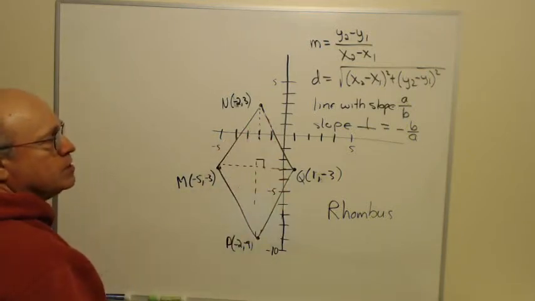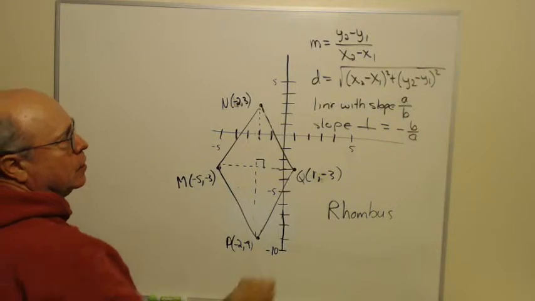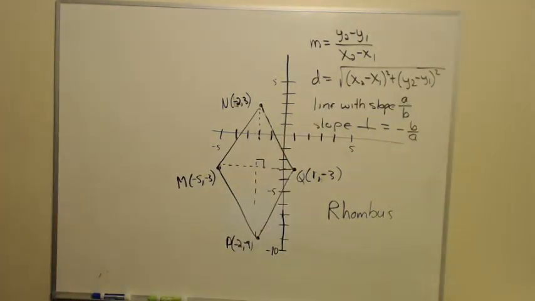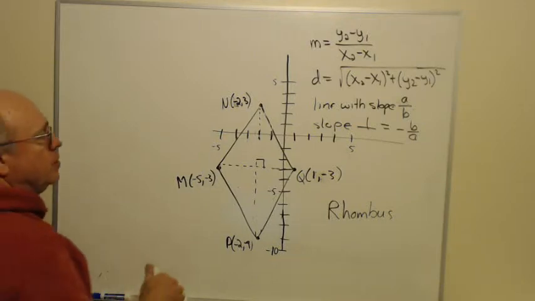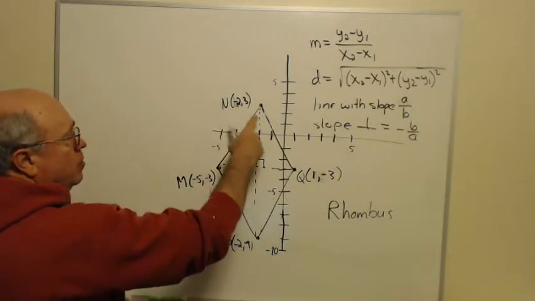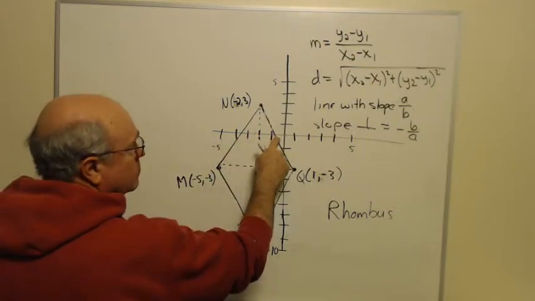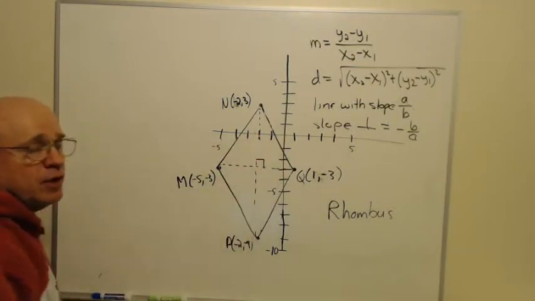If all 4 sides have the same length, which would be using the distance formula 4 times, then your figure is a rhombus by definition. Also, if it were known to be a parallelogram at the beginning, any parallelogram with 2 consecutive congruent sides would have to be a rhombus as well.